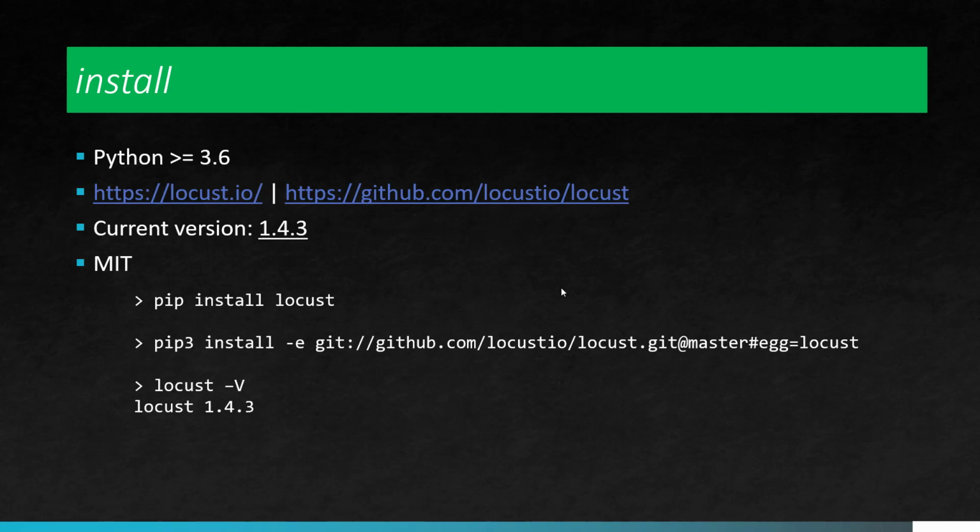If you want to install the bleeding edge version, then you can follow the master #egg equals locust. The current version at the time of recording is 1.4.3 and it is licensed under MIT. You can refer to locust.io or github.com/locust.io/locust for the source code and the documentation.